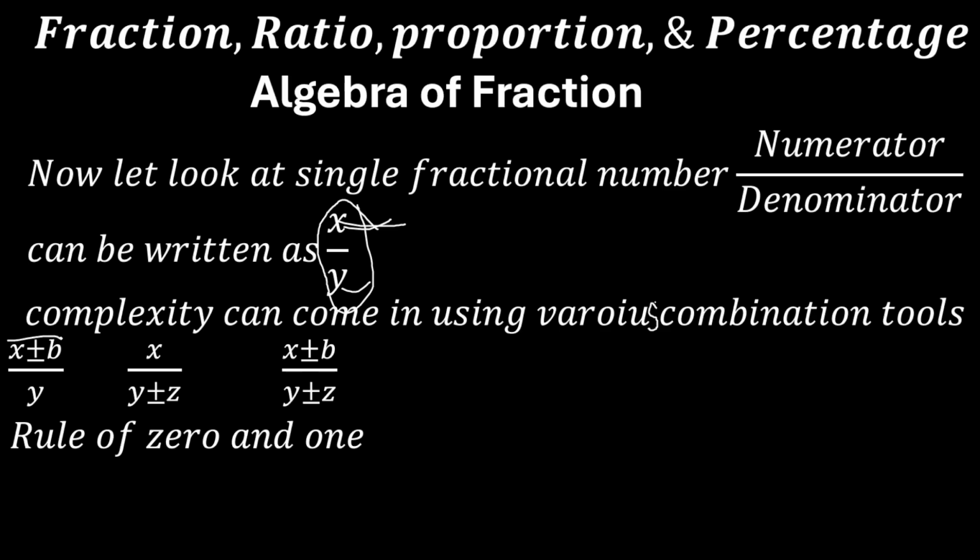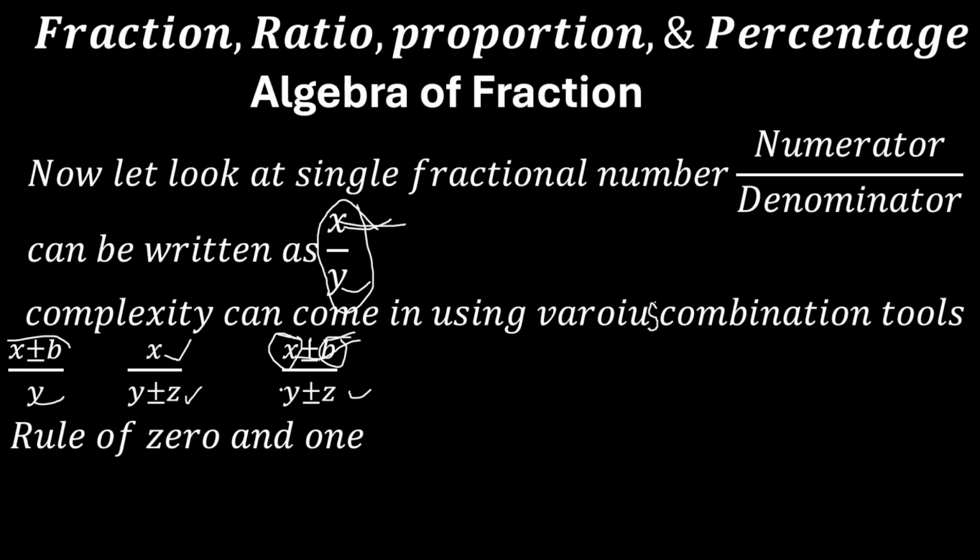This can be two numbers added or subtracted together, while this one will remain a single number. This one can be single and this one can be two numbers added or subtracted. Both of them can be two numbers. Remember that if two numbers are combined by plus or minus, each individual number is called a term.